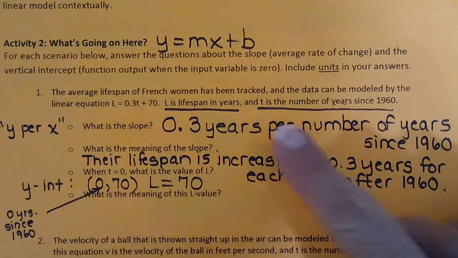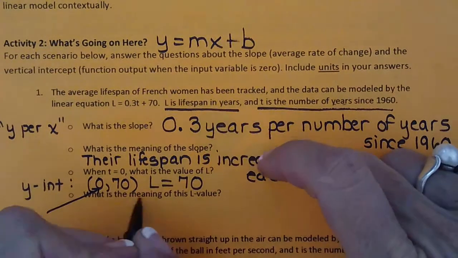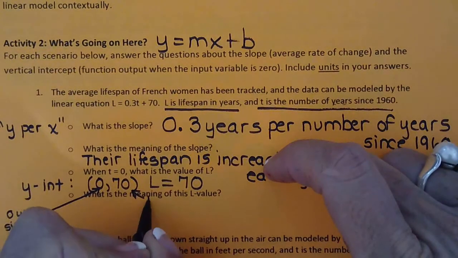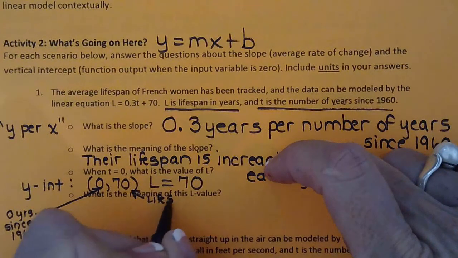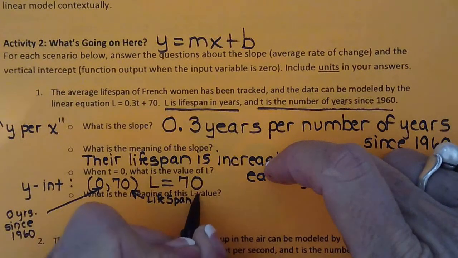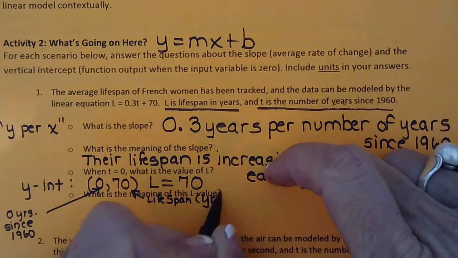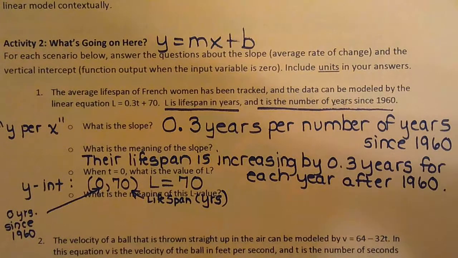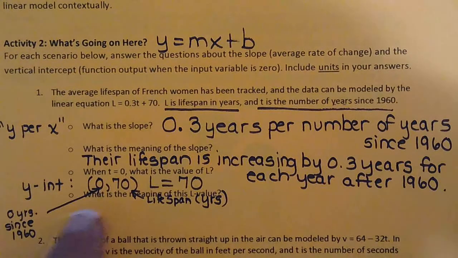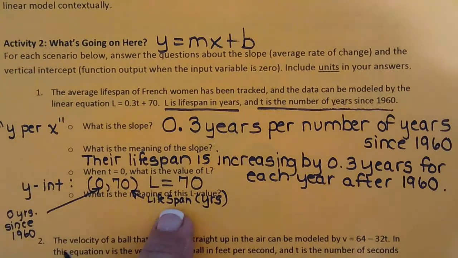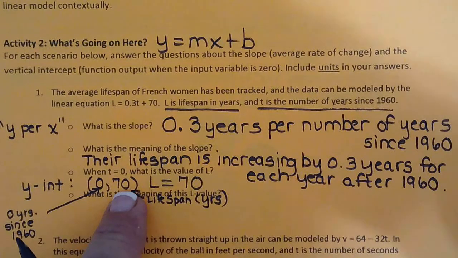Yeah. And L is the lifespan in years. Now that we have labels on it, does it make sense? In 1960, the average lifespan of French women was 70 years.